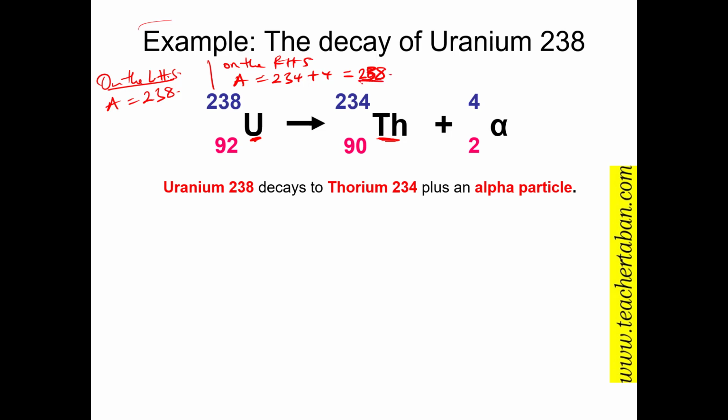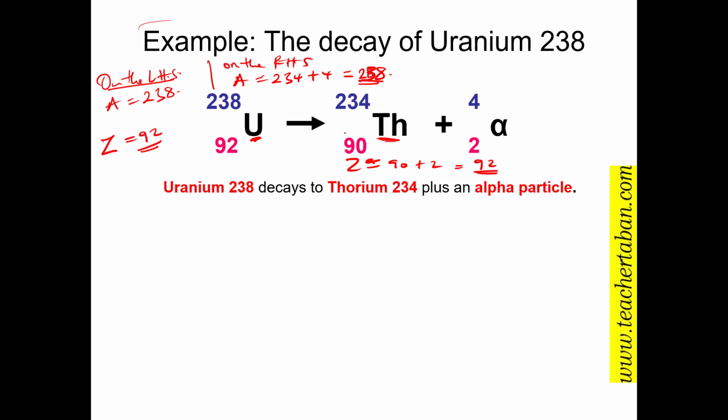So the atomic mass must balance on both sides. Likewise, the atomic number on the left-hand side is 92, and on the right-hand side it is 90 plus 2, which gives us 92.